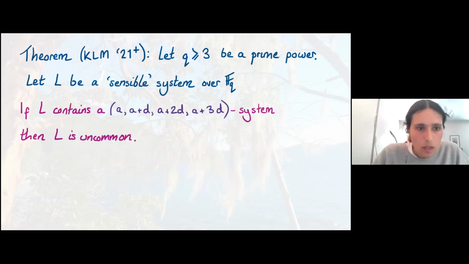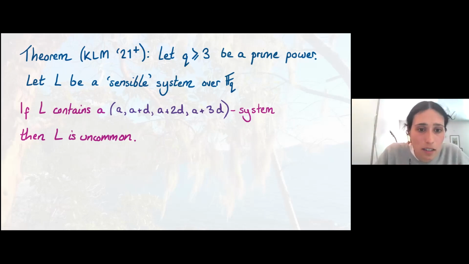One way of imagining your 4AP is thinking that it's a system like this. So very much abusing notation here, let's just call a system containing a 4AP a system that contains a solution where part of it is parameterized like this. So I said you can pick 4 of your coordinates, and the solution space is parameterized in this way. So we can say, okay, if L contains a system like this, then it's uncommon.